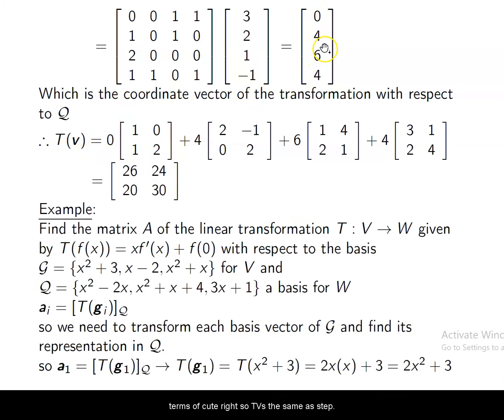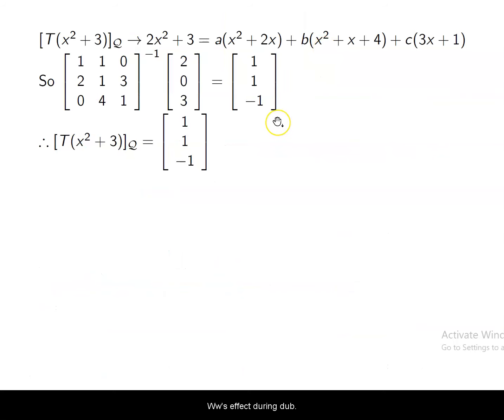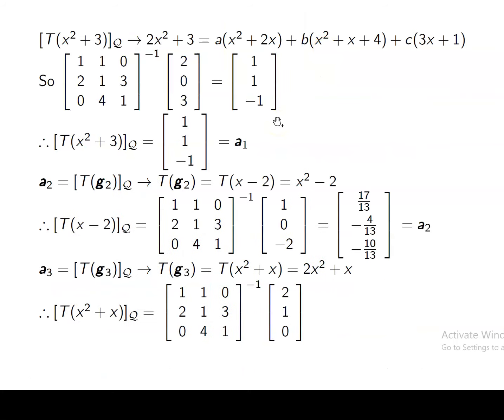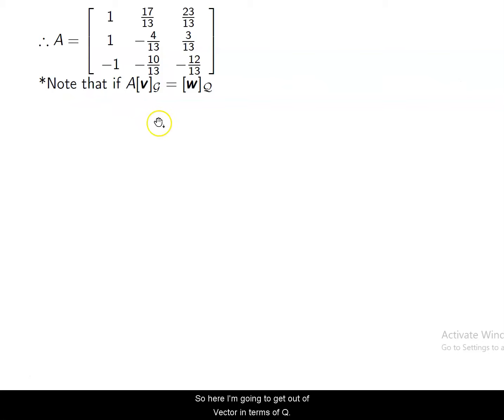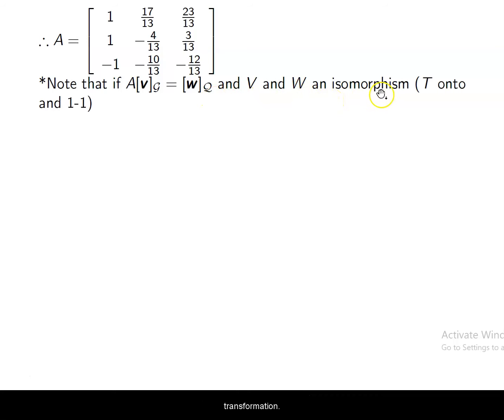So T of V is the same as W, right? Because W is a vector in W. So, right, here I'm going to get out a vector in terms of Q. And if V and W are an isomorphism, meaning that the transformation given by A is onto and one-to-one, then there should be an inverse matrix that takes me from Q back into G.